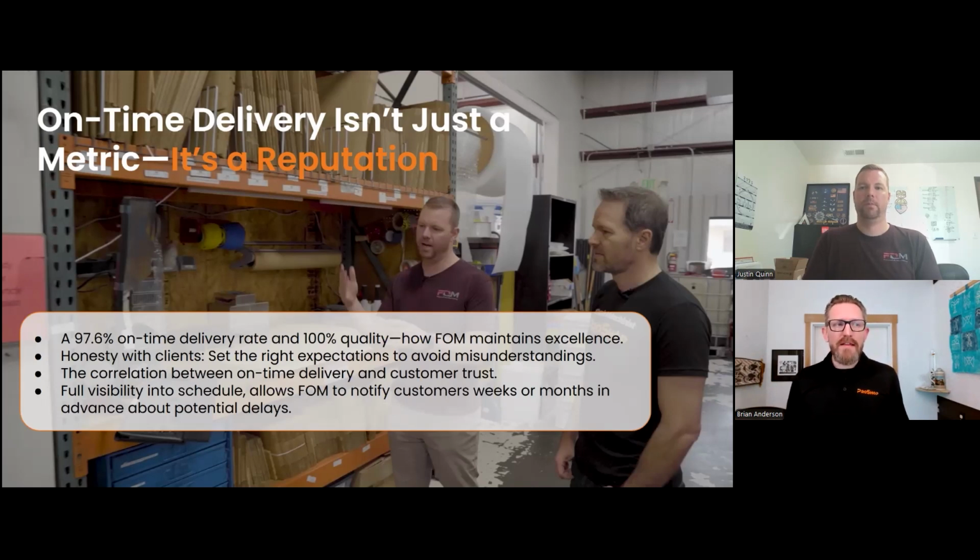In scheduling or project management, we often find ourselves having to share bad news. And when we look at a schedule and see that there's an issue, we can quickly dive into it, understand what the issue is, and hopefully take action to resolve it.